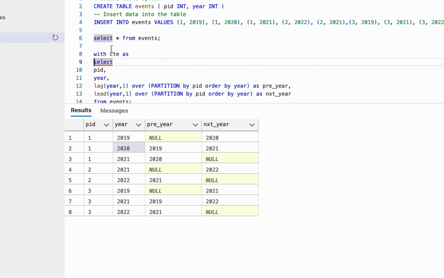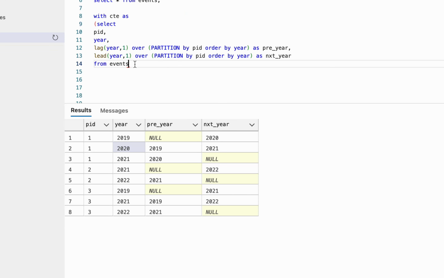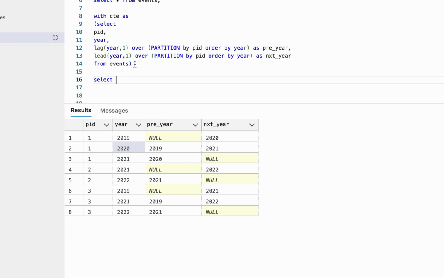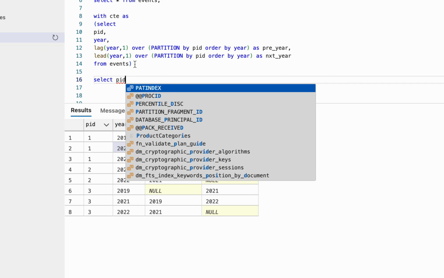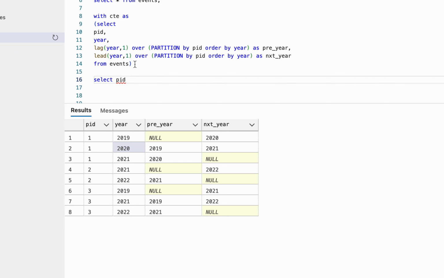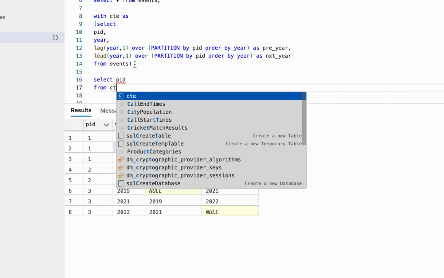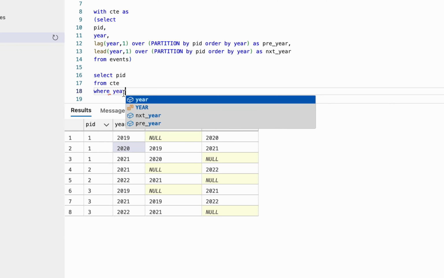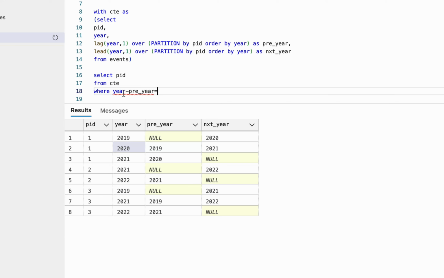With city as, we are creating this as a temporary table, and from this table we need PID from this city table, and we want only those PIDs where current year minus previous year equals 1 and next year minus current year equals 1.